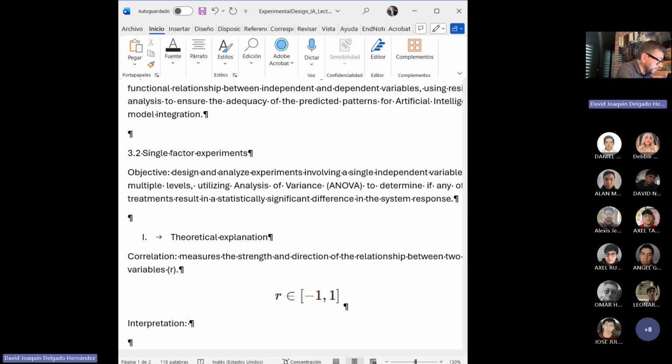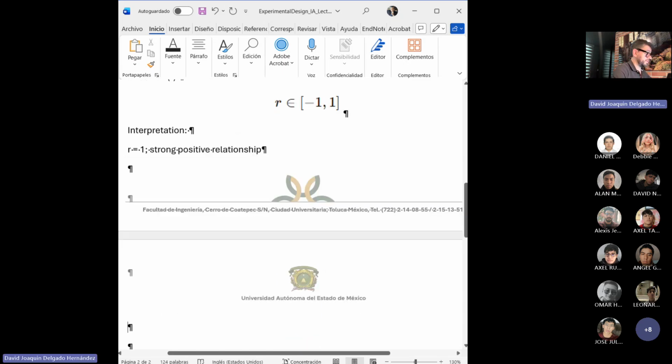Well, when you have R equals 1, let's put a lower-case letter, this means that there is a strong positive correlation or relationship, right? Perfect.